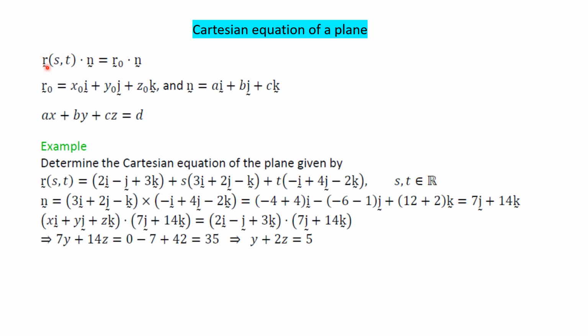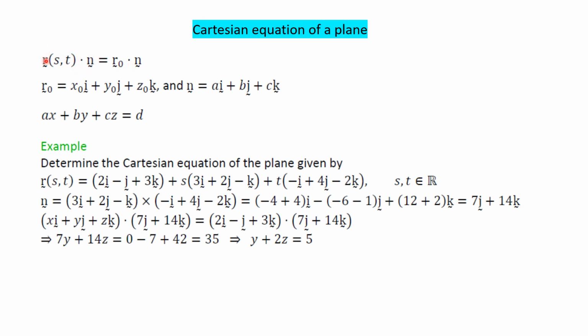So the position vector r is given by xi plus yj plus zk. And if you let r0, the position vector of one point on the plane, have coordinates x0, y0, z0, and you let the vector n be given by ai plus bj plus ck, then if you want to convert this vector equation into the Cartesian equation, you just need to take the dot product.